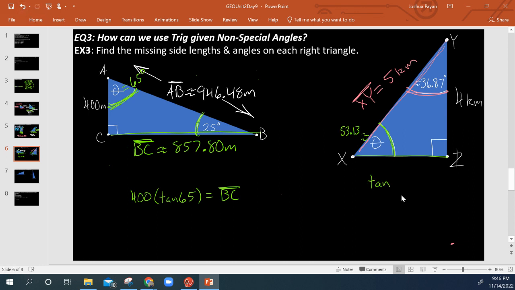So tangent of 53.13 degrees is equal to opposite over adjacent, which is unknown, XZ. Cross multiply: XZ times tangent of 53.13 is equal to 4. Divide by tangent on both sides.